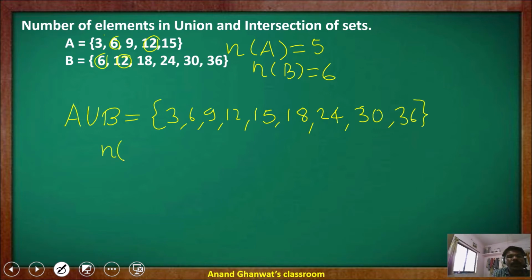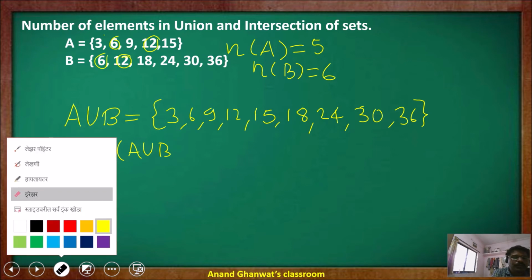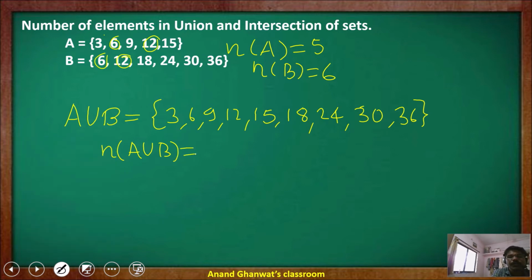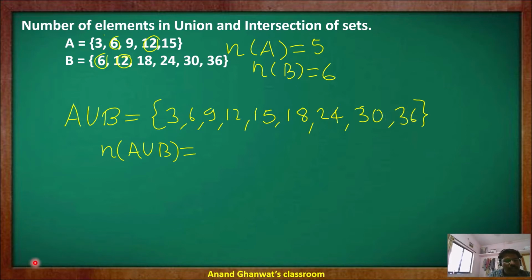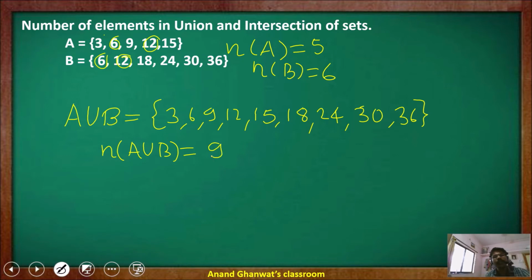So how many elements are in A union B? The number of elements in A union B: 1, 2, 3, 4, 5, 6, 7, 8, 9. So there are 9 elements present in set A union B. n of set A union B is 9.